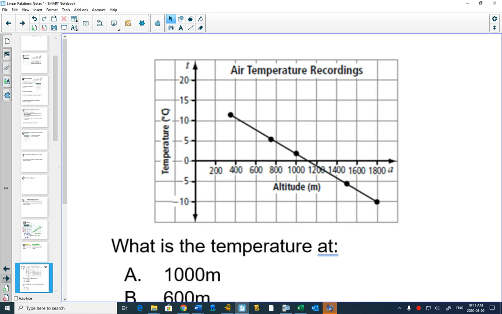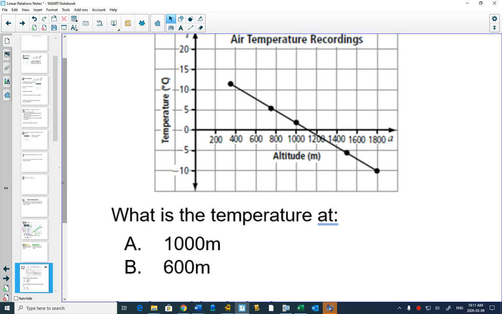Okay? Let's go through these examples first. So what is the temperature at 1,000 meters? So we would go to our graph. We would find 1,000. And this is the work that you would show.